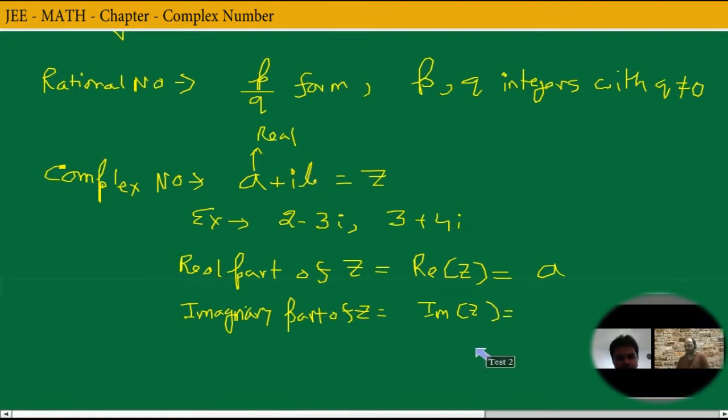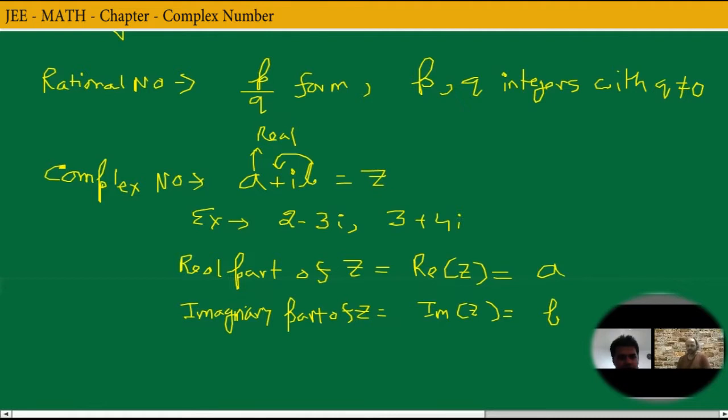The coefficient of i, that would be the imaginary part, along with the sign. Since it is plus, it's not required to write plus b. So can you tell me the imaginary part of 2 minus 3i? Yes, negative 3. Perfect.